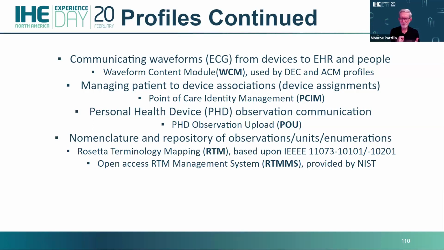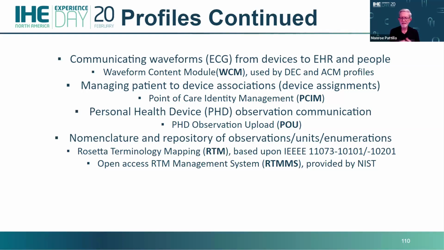The actual nomenclature, the specific observations, be they just physiologic, technical alerts, alarms, all the units of measure and enumerations of values, those are all part of our Rosetta terminology mapping working group. Not really a profile so much as a means of communicating common terminology across all the profiles. And those are focused on IEEE 11073 10101, which is the recently updated nomenclature standard, as well as 10201 for device virtualization.